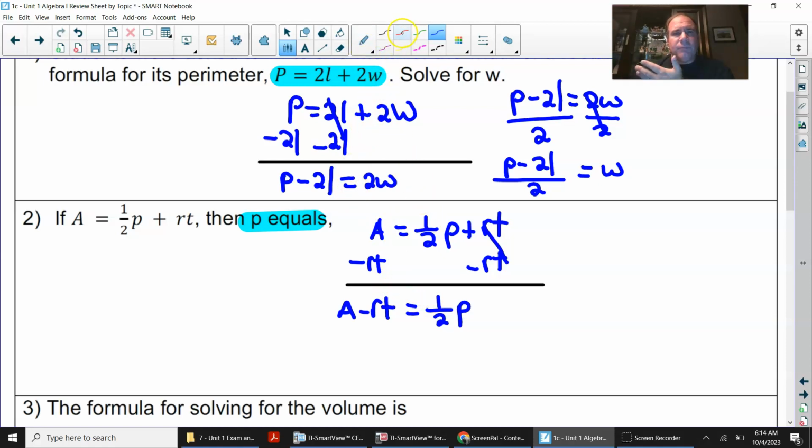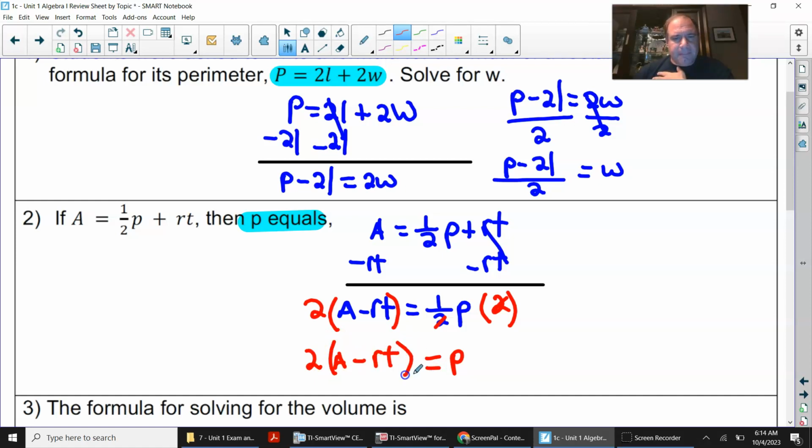We're going to multiply this side by 2 over 1. Reciprocal. And then we're going to multiply this entire side by 2 over 1. The 2's will cancel. P equals 2 times A minus RT. And that is your answer. And you can leave it like that.